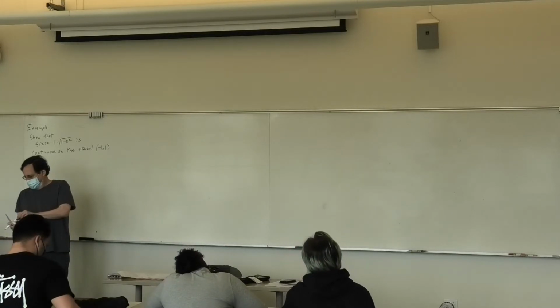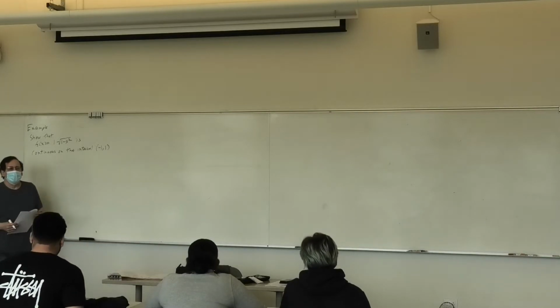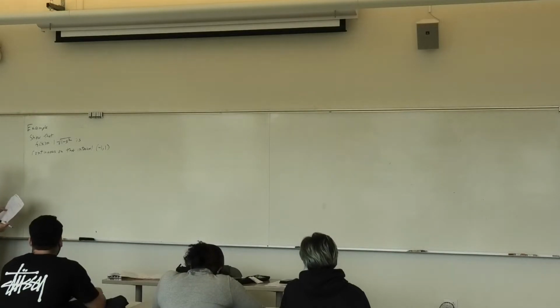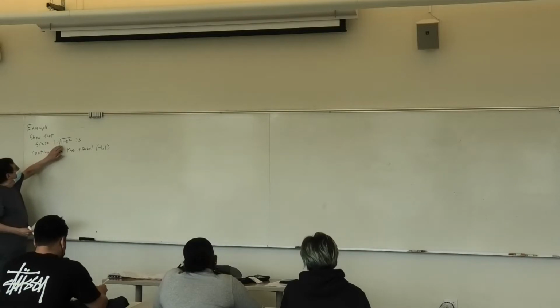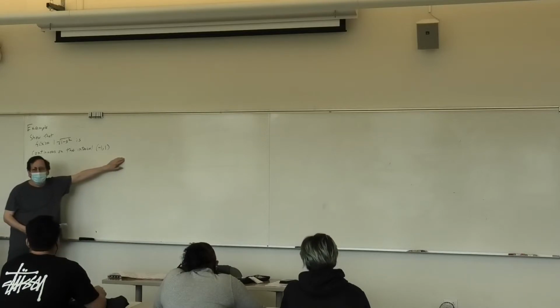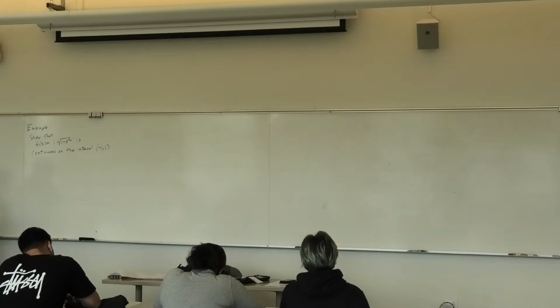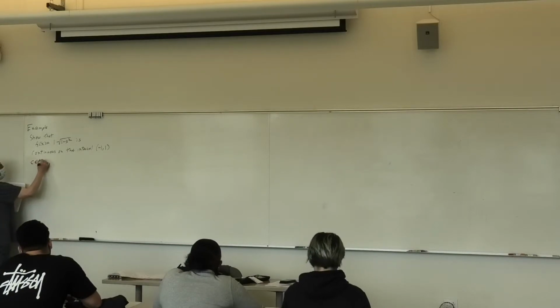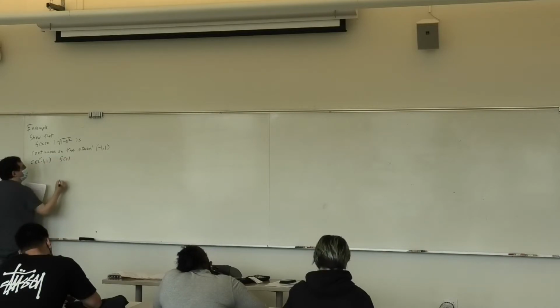Okay, so this would be a pretty light kind of question based on what we've been looking at. We have some function, 1 minus the square root of 1 minus x squared. We want to show it's continuous on this interval here. Okay, so how would we go about that? Well, first thing to note is that if c is in this interval, then f of c exists.